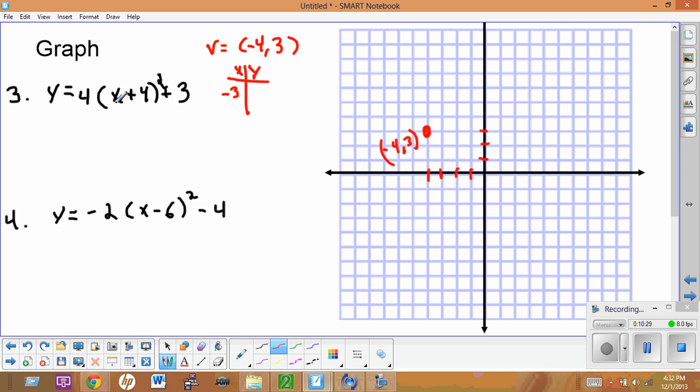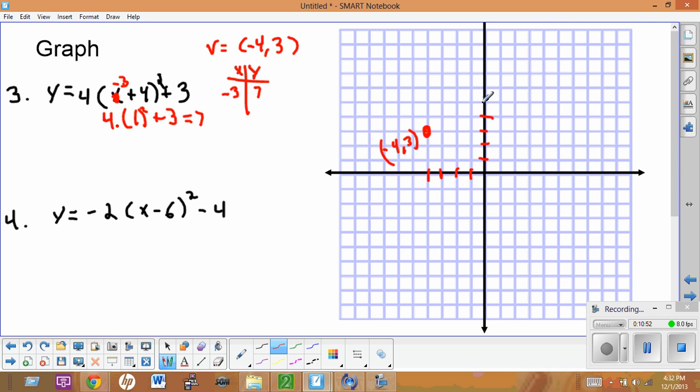I'm plugging in a negative 3, so I'm simply going to cross them out, put a negative 3 in here. Negative 3 plus 4 is positive 1. 1 squared is 1. Four times 1 plus 3 would equal 7. So we have a point at negative 3, positive 7.